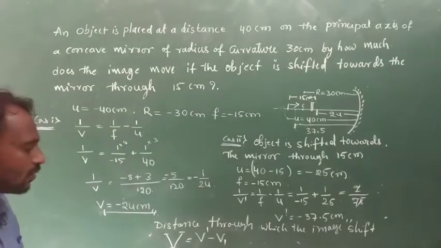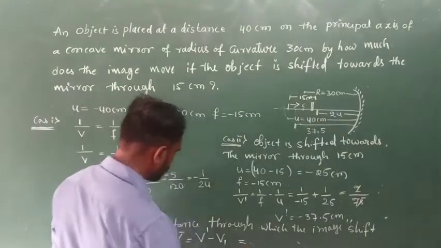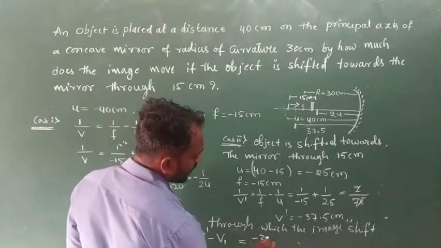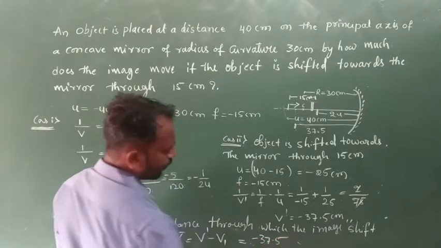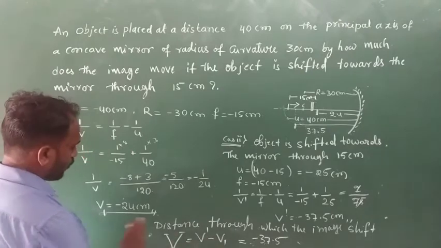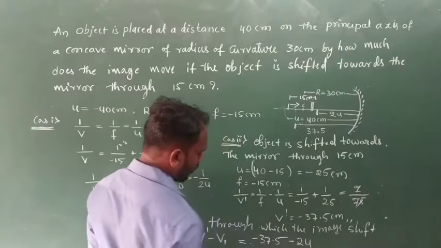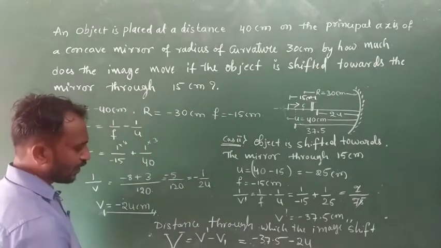V dash is minus 37.5, V1 is minus 24 centimeter.